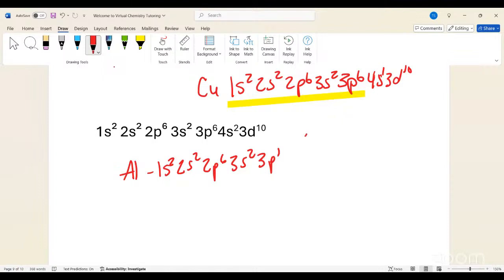Remember, the noble gas that comes before it is neon, and it's taking up 10 of those electrons. Write in the chat what your configuration is going to be, the noble gas configuration for this one.